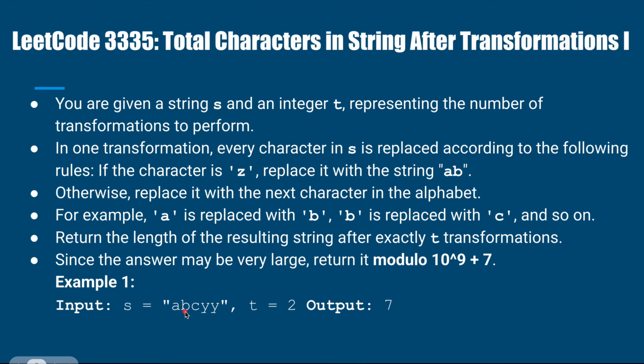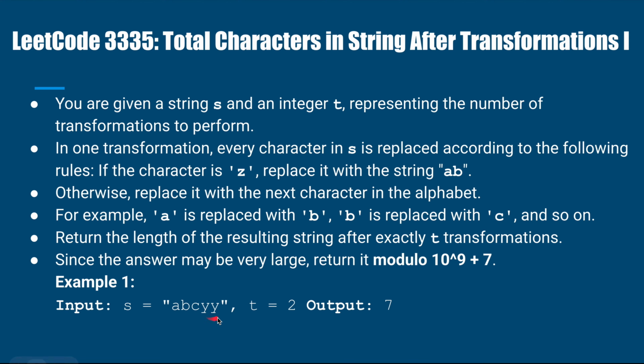Then b will become c, and c will become d. Then y will become z, and the other y will become z as well. So we get b, c, d and z, z, which means z is coming 2 times.